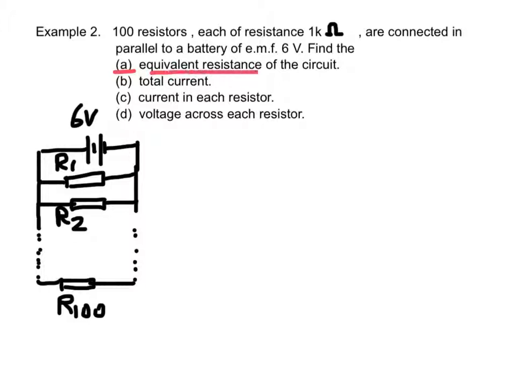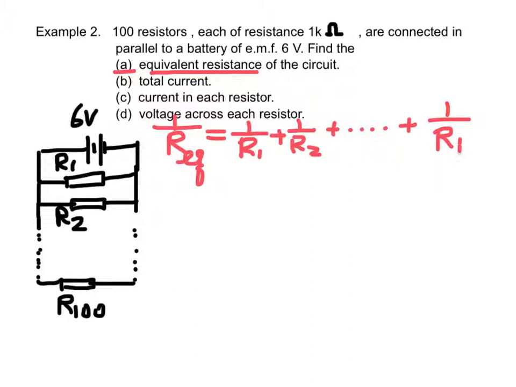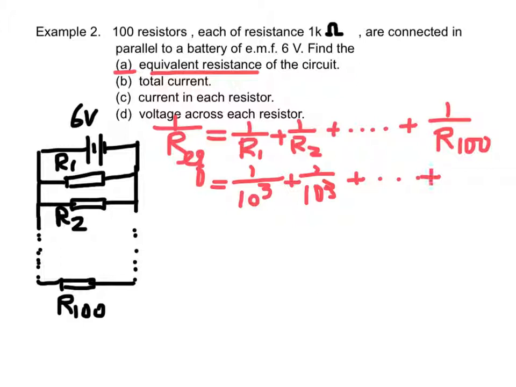Part A. The equivalent resistance of the circuit is found by 1 over Req equal to 1 over R1 plus 1 over R2 up to 1 over R100, equal to 1 over 10 to the power 3 plus 1 over 10 to the power 3 up to 1 over 10 to the power 3, which is equal to 100 over 10 to the power 3 equal to 0.1.